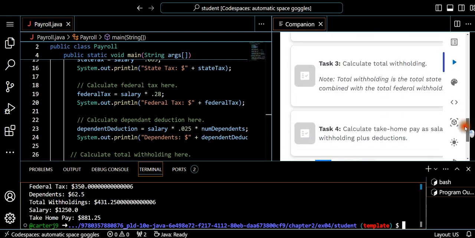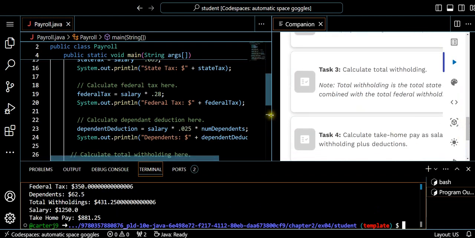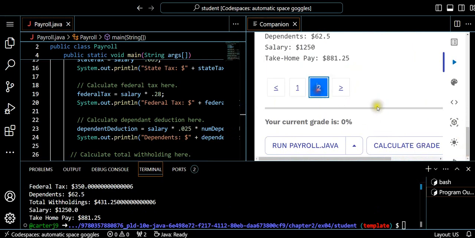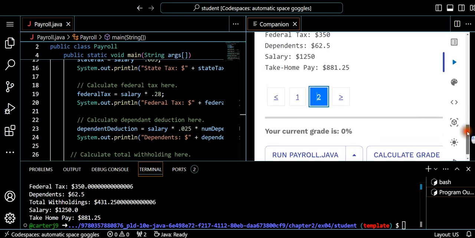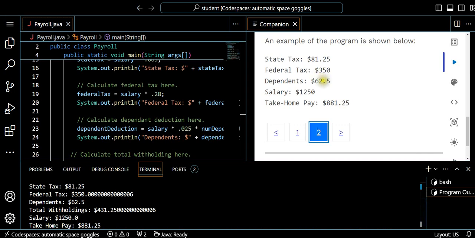There we go. 81.25, 350, 62.5, 431.5. Salary is 1250.